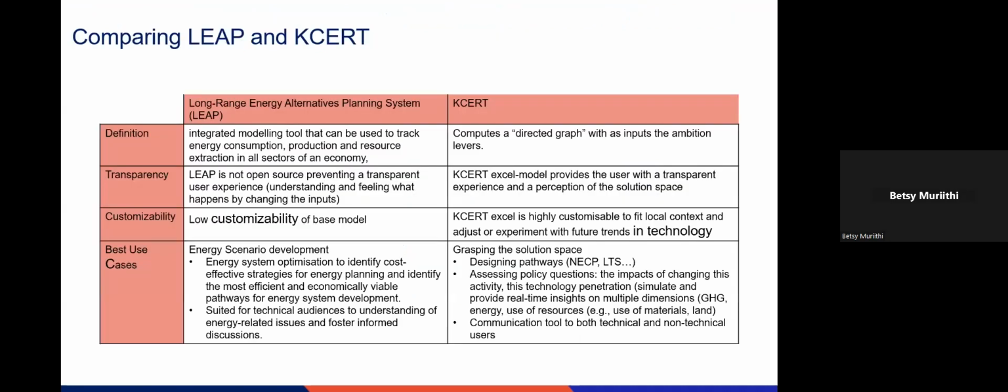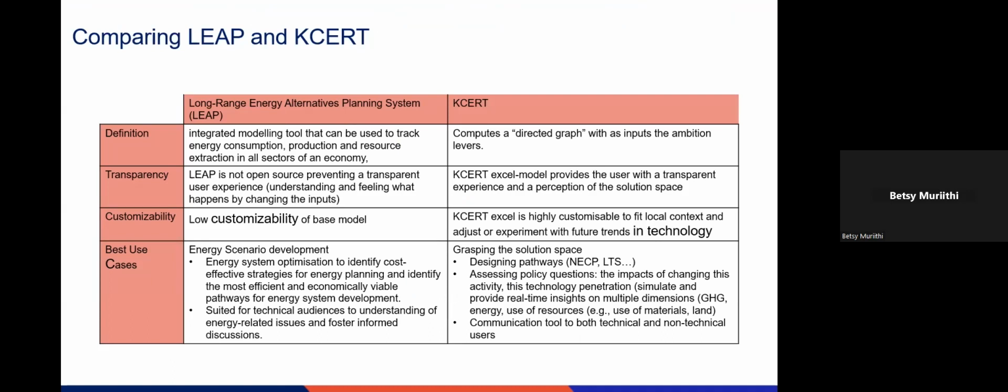And then lastly, we looked at comparing the Long-range Energy Alternatives Planning system, which is LEAP, with KCERT. LEAP is being used currently in different sectors or different ministries in the government. So how can you use these tools together? They're not there to fight with each other, but to complement each other.